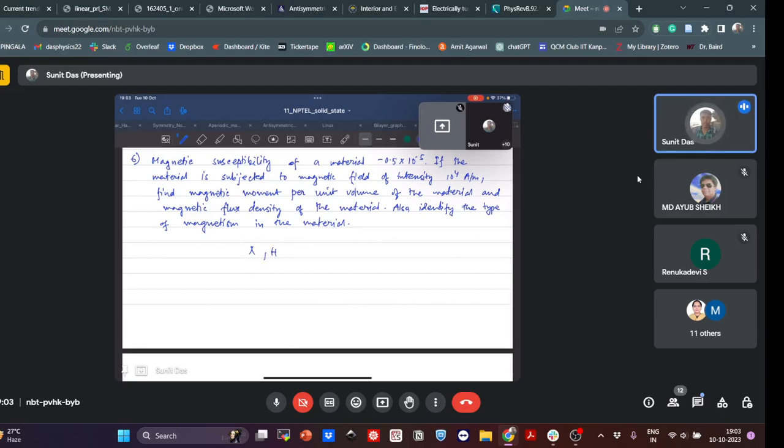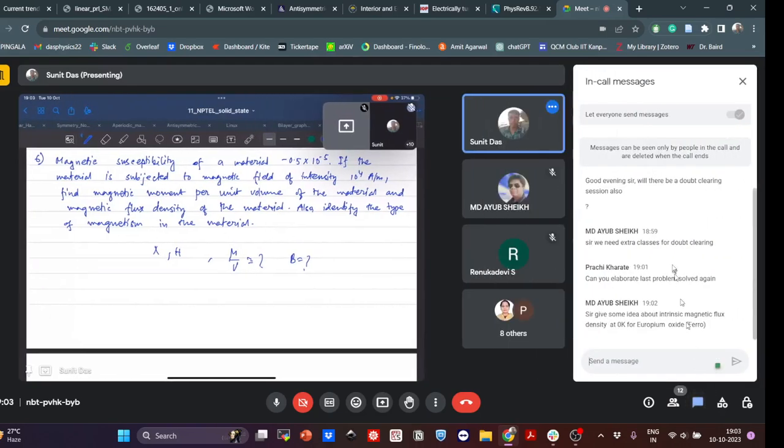We need to find the magnetic moment per unit volume and the magnetic flux density B. Finally, we need to find the type of magnetism that it shows: ferromagnetism, paramagnetism, or diamagnetism. So we try to solve this. Meanwhile, I'll have a look at the chat box.